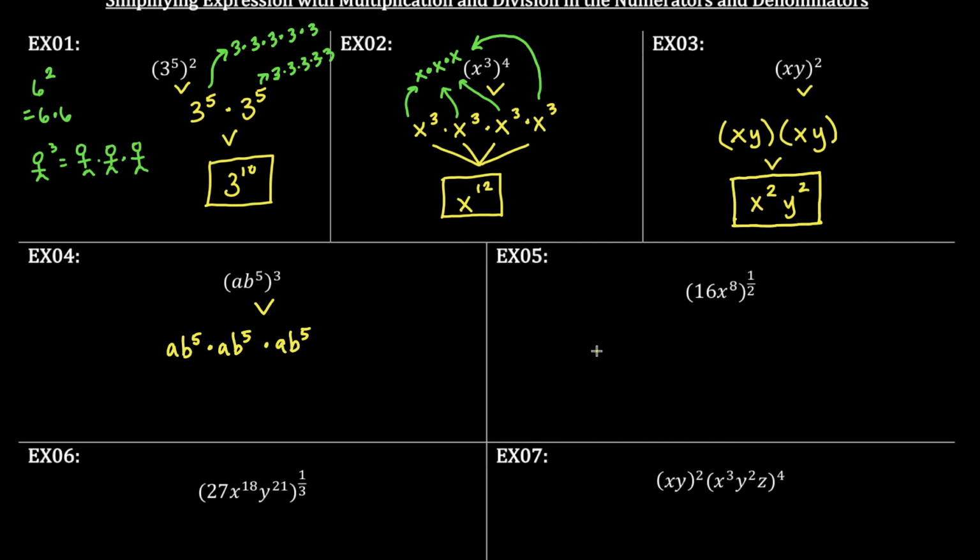So let's look at this. a times a times a is a to the 3rd. b to the 5th times b to the 5th times b to the 5th is b to the 15th. So this just equals a to the 3rd, b to the 15th.